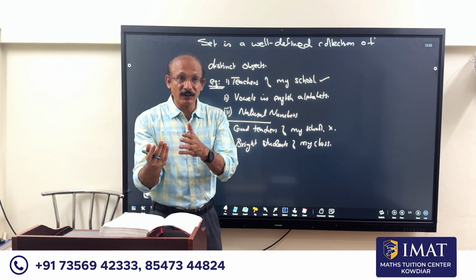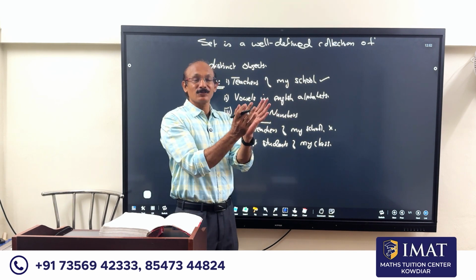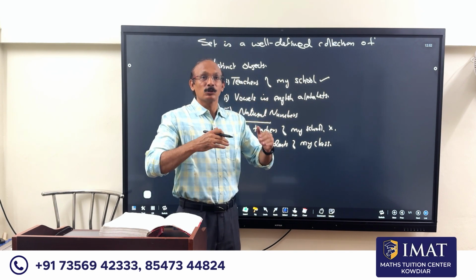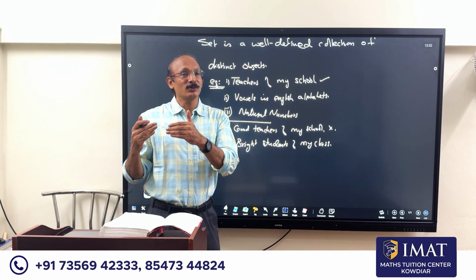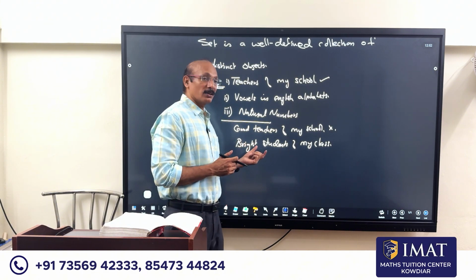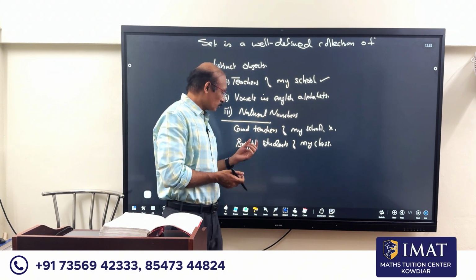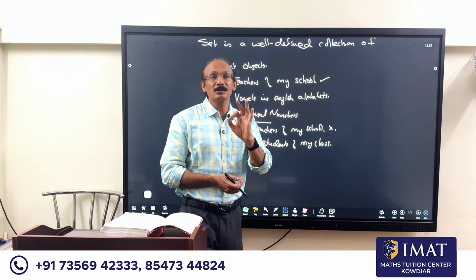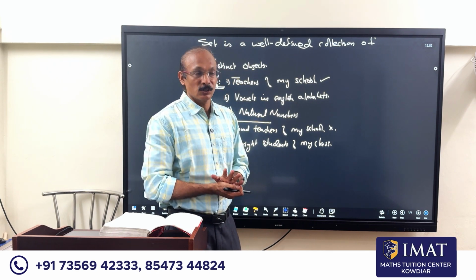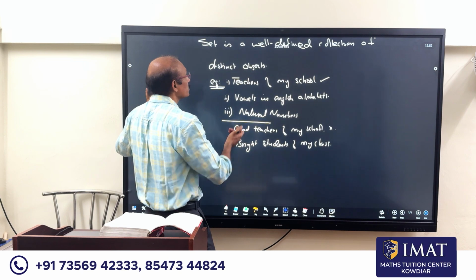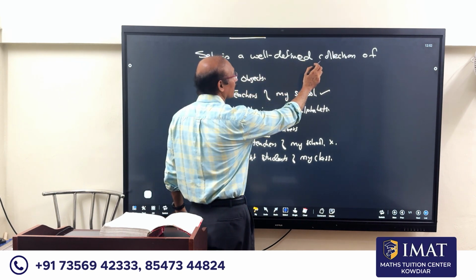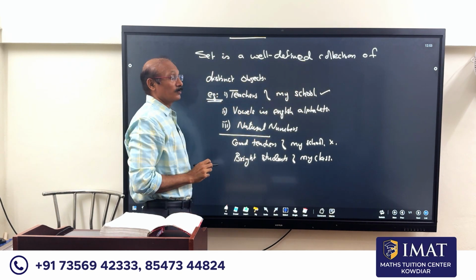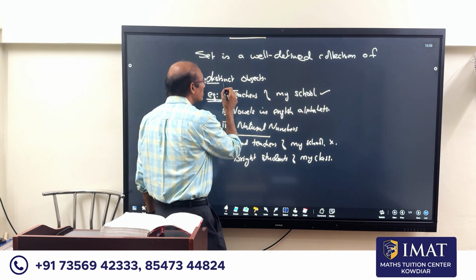Another teacher of a different subject will list out another set of students who are bright for that teacher. So as individuals vary, the number of bright students will vary. So this is also not a well-defined collection, so you cannot call this a set. So what is a set? Again, coming to the definition, a set is a well-defined collection of distinct objects. Now, let us define what this means.